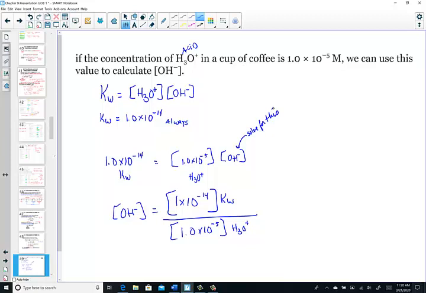by taking 1 × 10^-14, which I'm going to do on my calculator using scientific notation. That's the EE key on my calculator. Remember, depending on your calculator, you might see EE, you might see EXP, or you might see 10 raised to the X power. Those are all scientific notation.